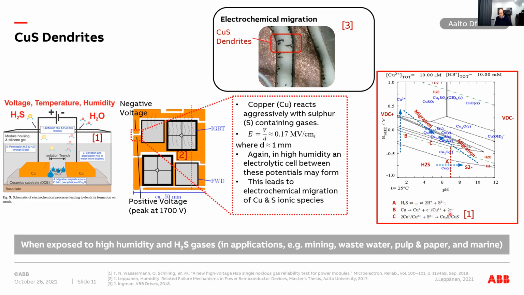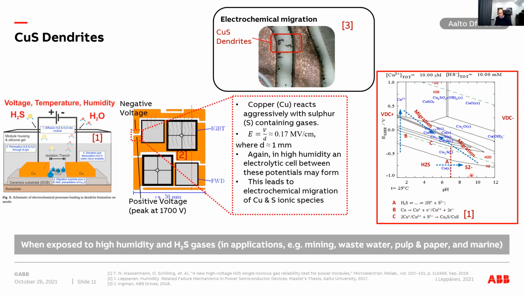Actually, reaction B is two reactions at the same time. First, there is the dissolving of copper into copper 2 plus or copper plus. Maybe copper 2 plus is more common. Plus electrons, and that happens on the other edge.